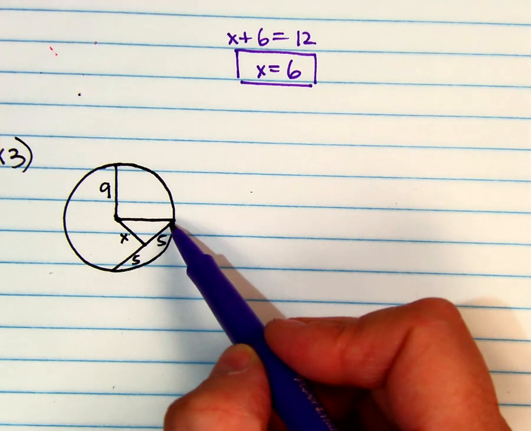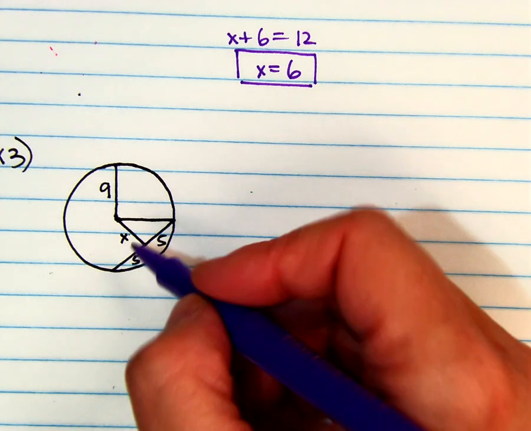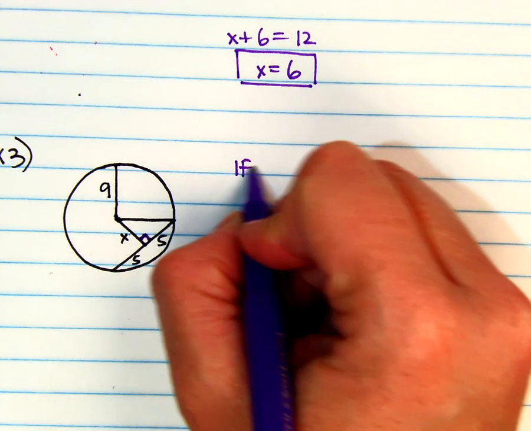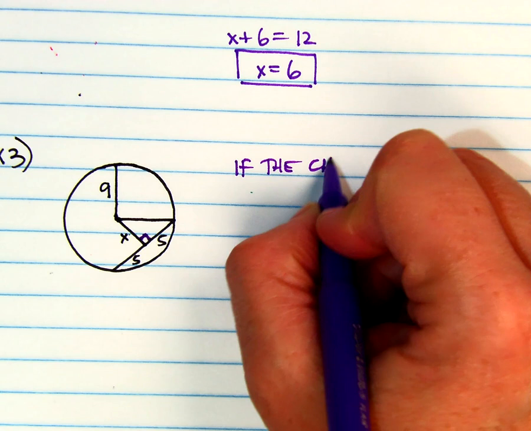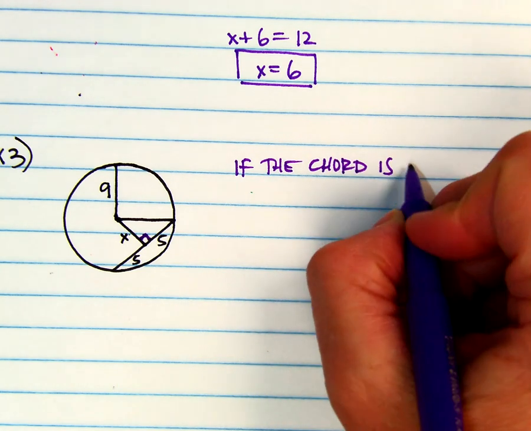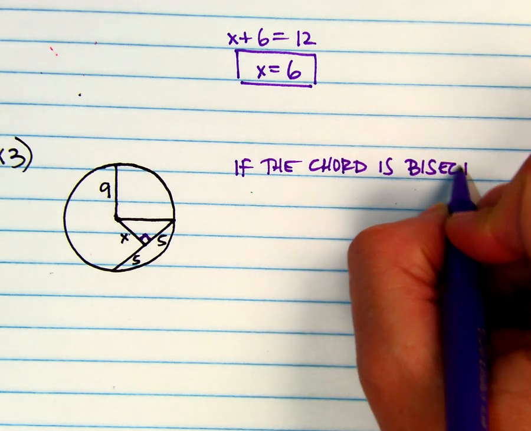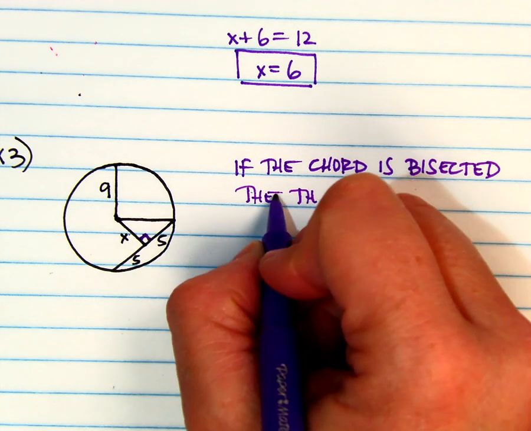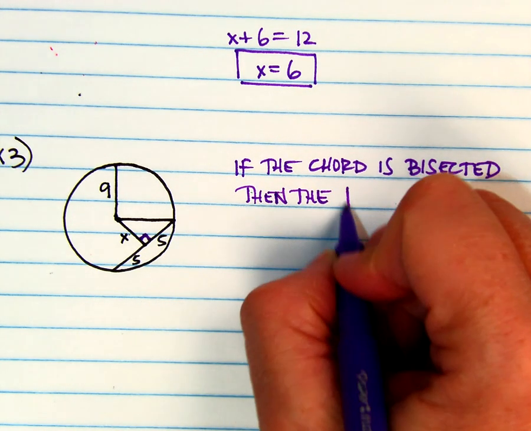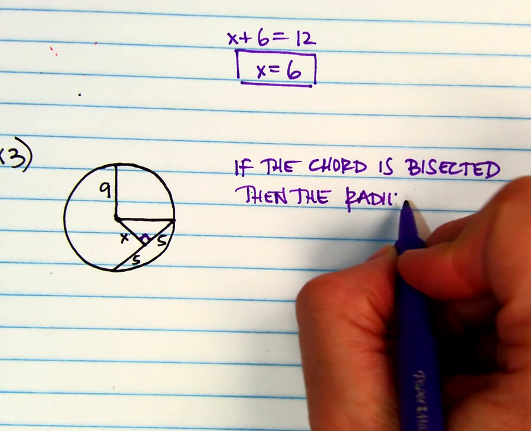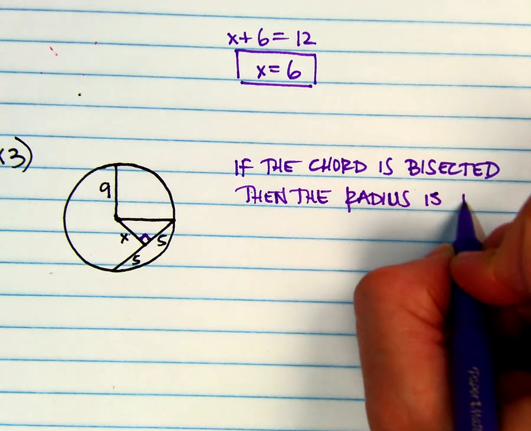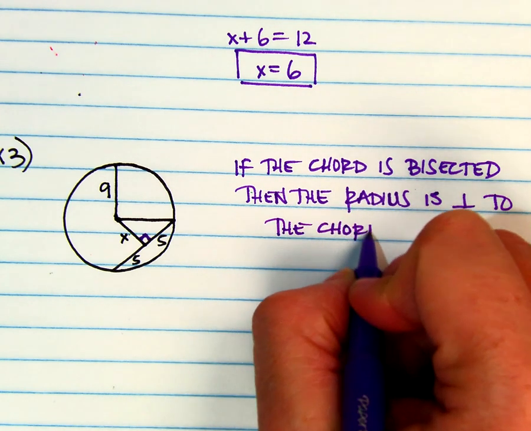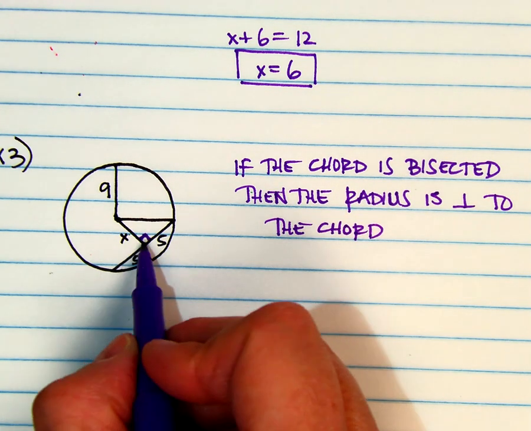If this is bisected, then we know that this is perpendicular. Okay, so if the chord is bisected, then the radius is perpendicular to the chord. So 5 and 5, which means it's perpendicular.